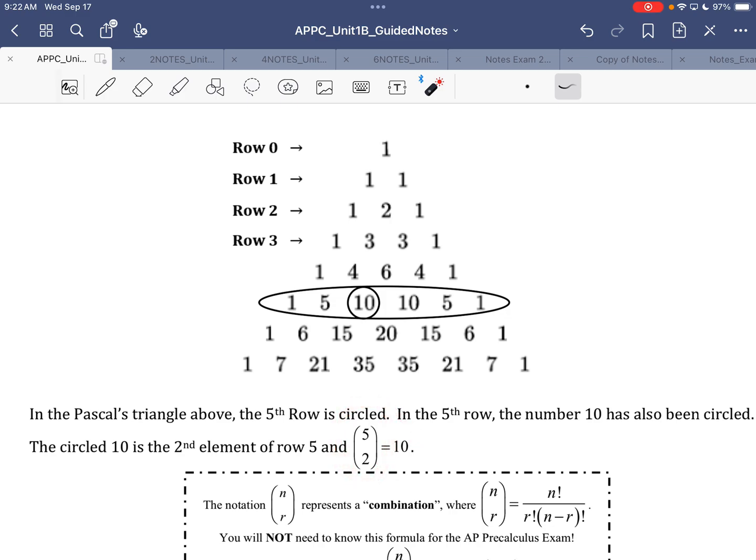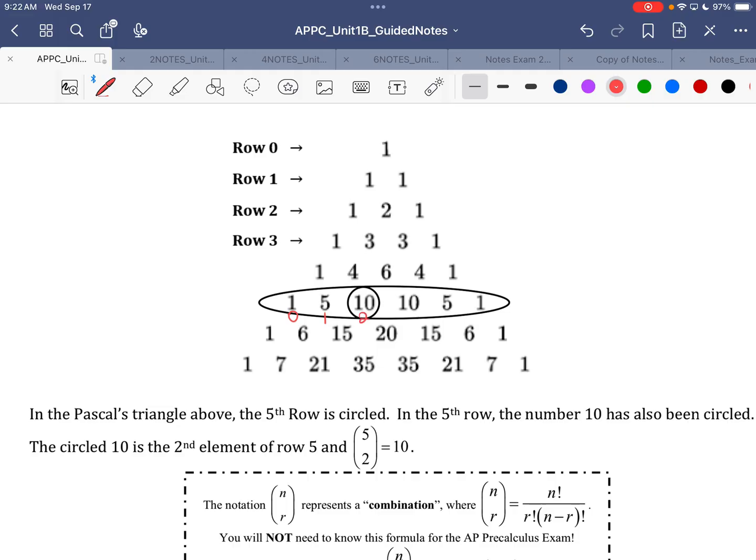We're going for the 5th row. Remember, we're starting at 0. Or the row with a 5. And then go 0, 1, 2. So that's why 5 choose 2 is 10. This is 0, initial term, 1, 2.